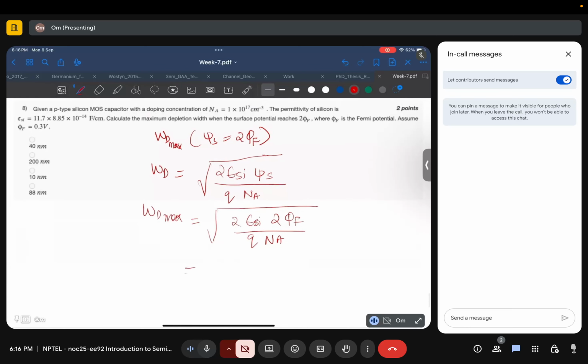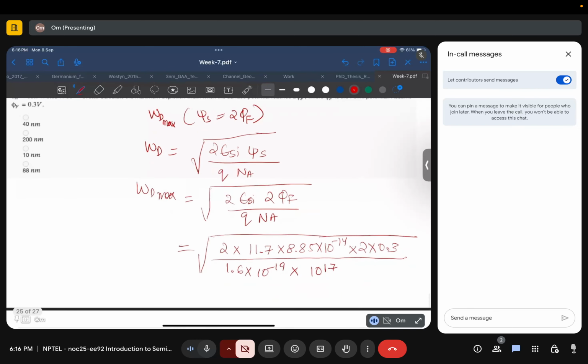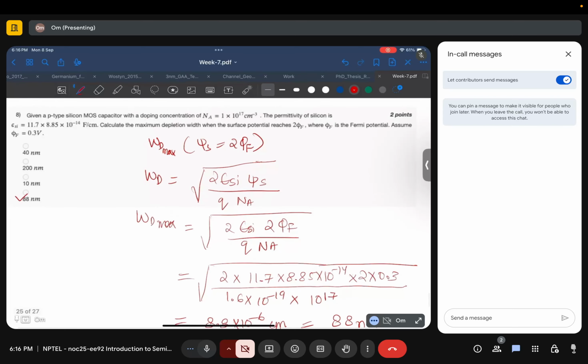Now if we substitute the values, it will be square root of 2 into 11.7 into 8.85 into 10 to the power minus 14, 2 into 0.3, divided by 1.6 into 10 to the power minus 19 into 10 to the power 17. Okay. So when you solve it, you get 8.8 into 10 to the power minus 6 centimeter, which equals 88 nanometers. So this is the last option, D.